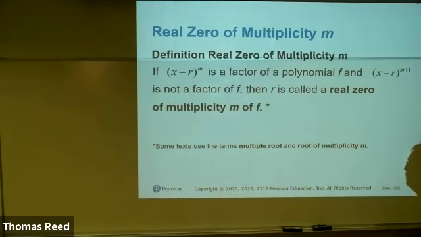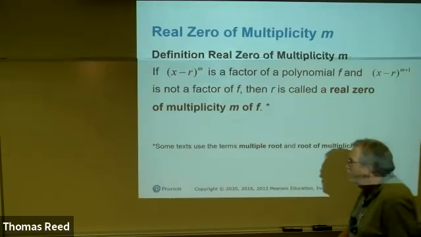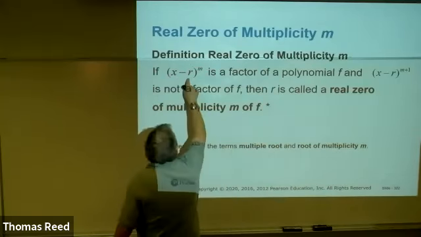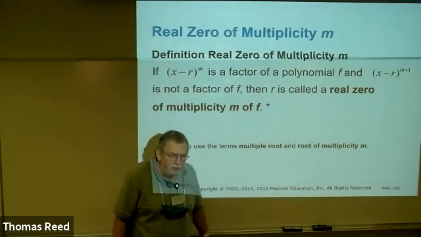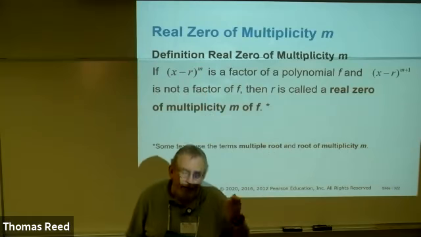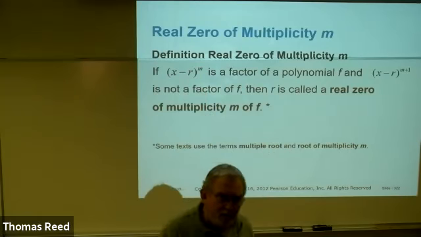And that will be the largest exponent on x minus r you can get. And so that m is the multiplicity number. So r is a zero of multiplicity m. That means r shows up as a zero m number of times.